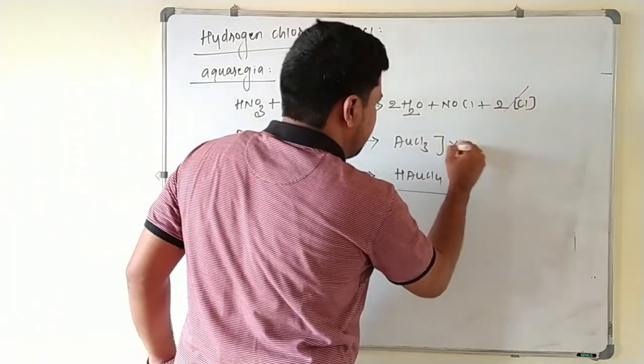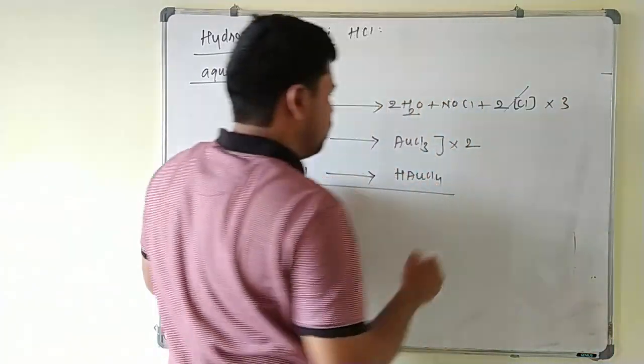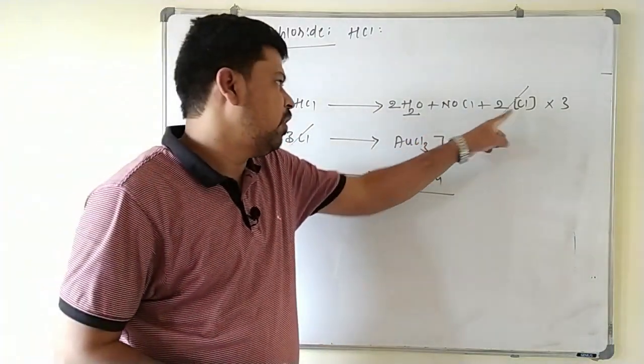So in this one, these two get cancelled because here you have to multiply this one with 2, this with 3 in order to cancel these nascent chlorines.